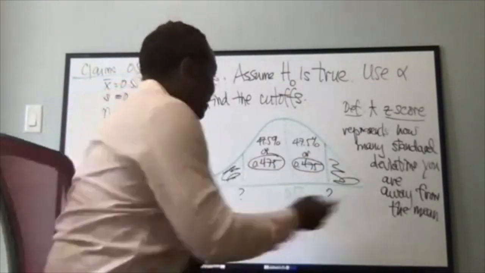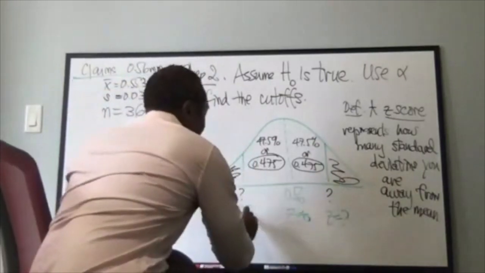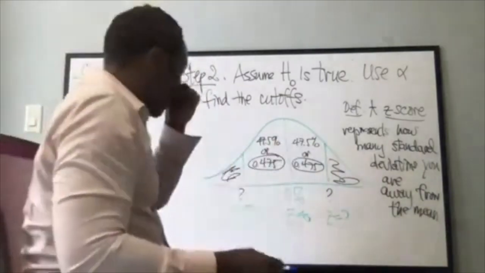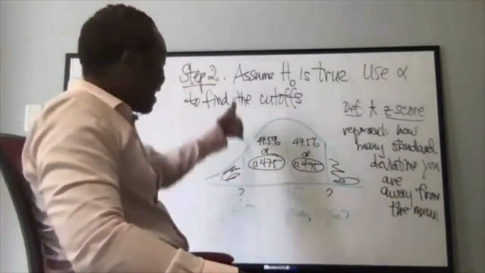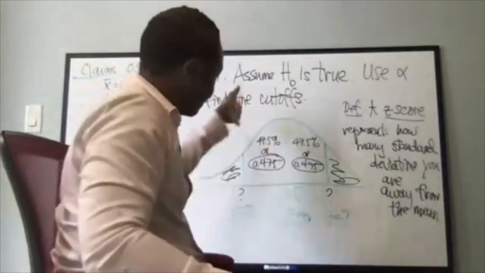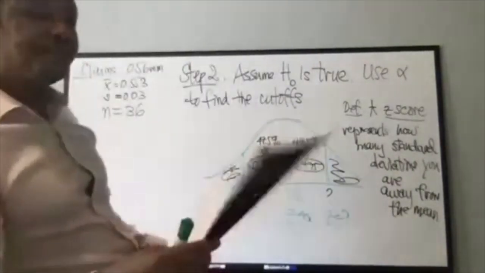But these question marks, we need to know Z equals question mark, Z equals question mark right here. Because once I find the values of this Z here and this Z here, I now have the cutoff of the problem. Now go to your chart.